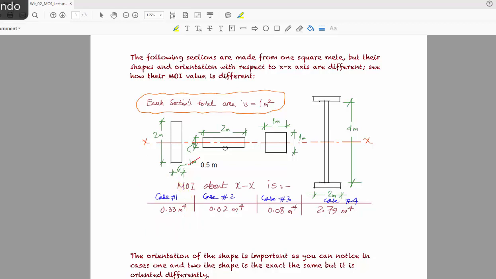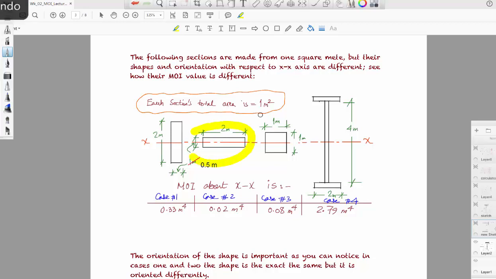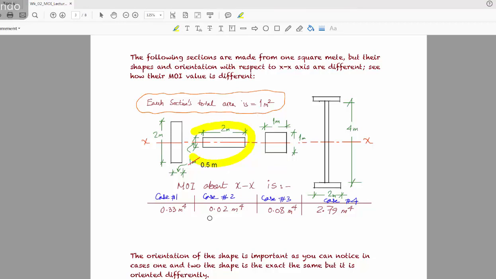If you change the orientation, this is about x-axis, this is the value Ixx. If you change the orientation, the value is 0.02.